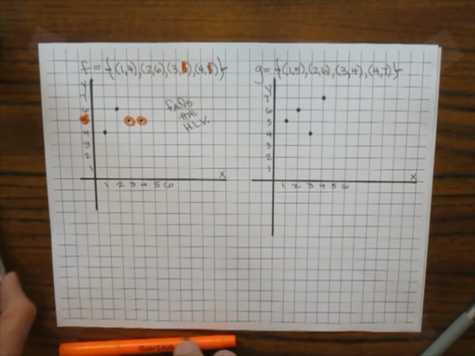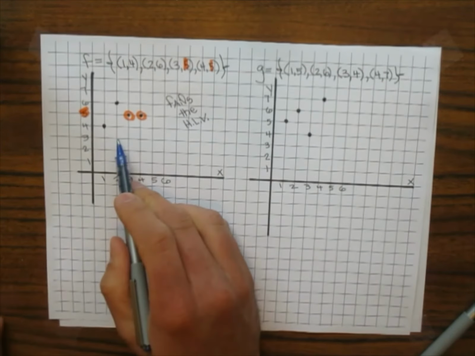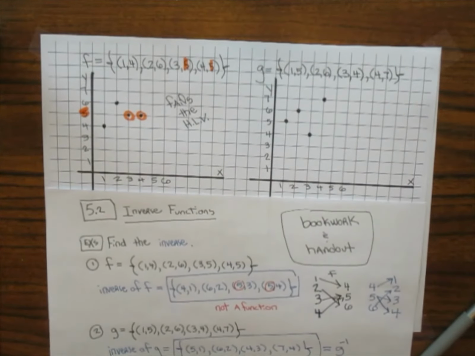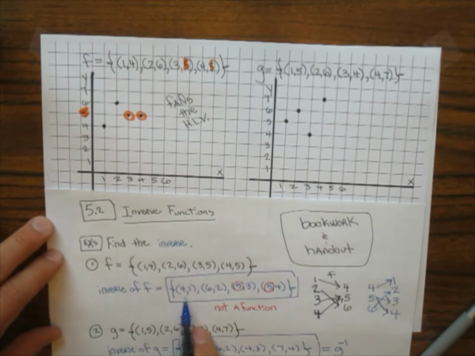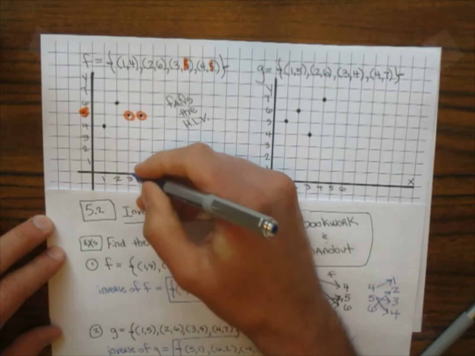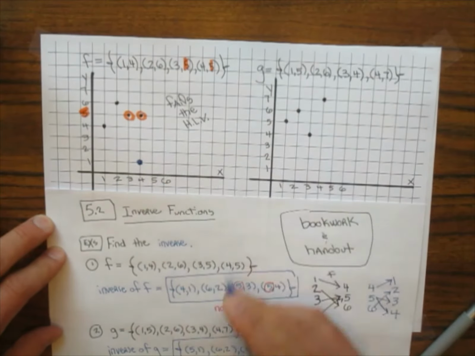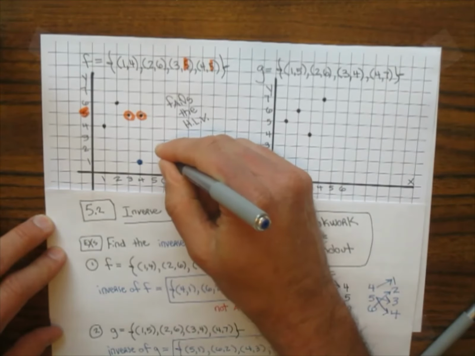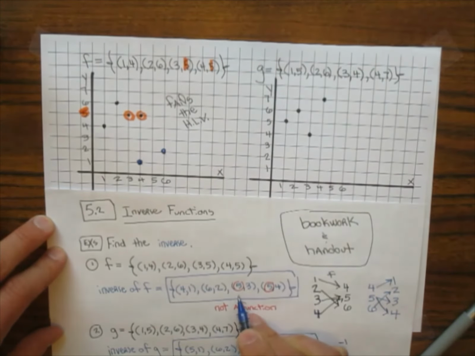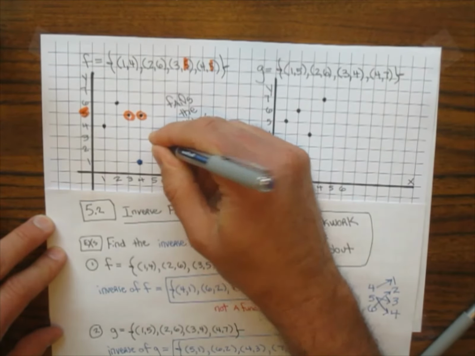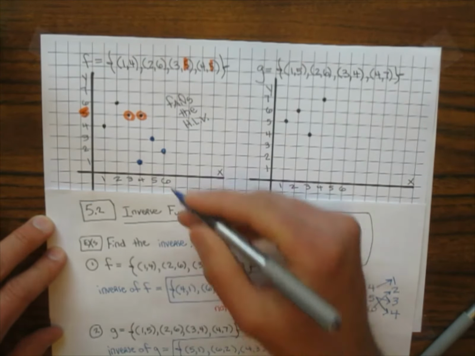Now, we could have taken the other approach where we could have graphed the inverse of F. So here's the inverse of F. And the inverse of F looks like this. 4, 1, and I'll do this in blue. Hopefully it shows up and you can see the contrast. 6, 2, 5, 3, and 5, 4.